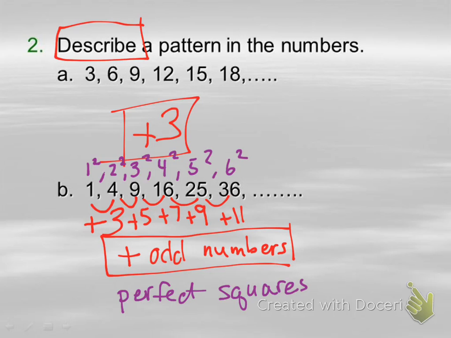I always thought this pattern was super cool. 2 ways to describe the exact same pattern, completely different approaches, and they both work. Questions on example 2, A or B?